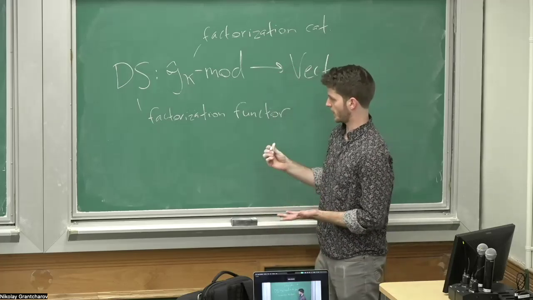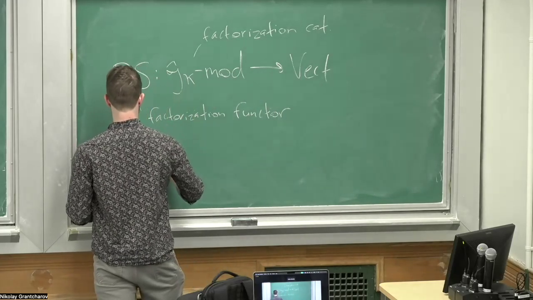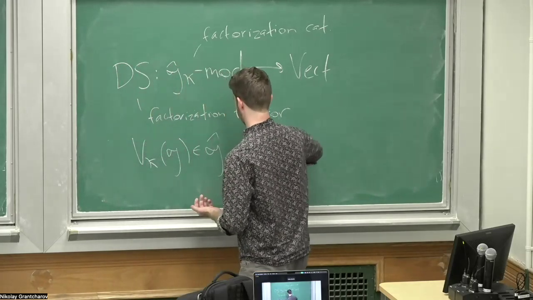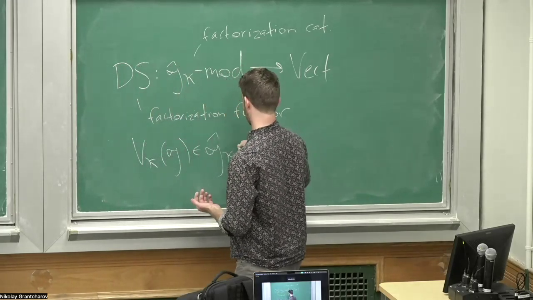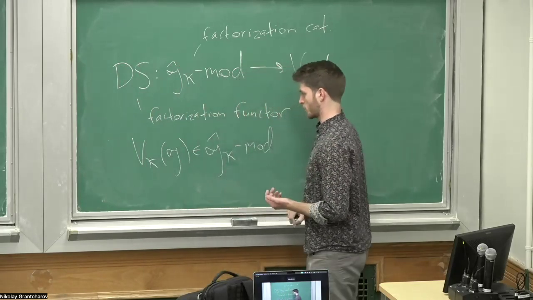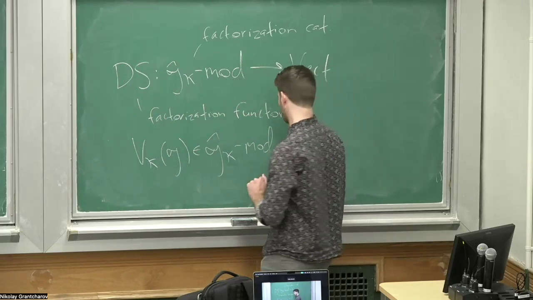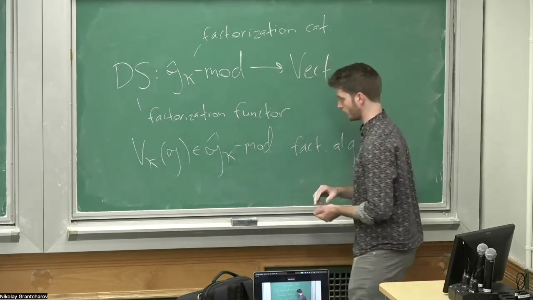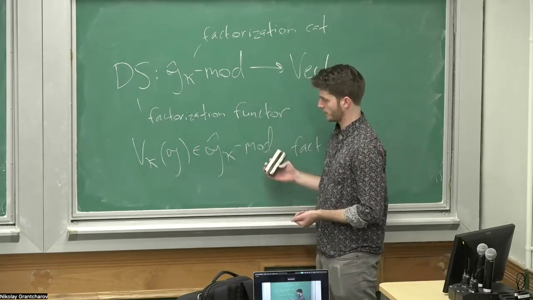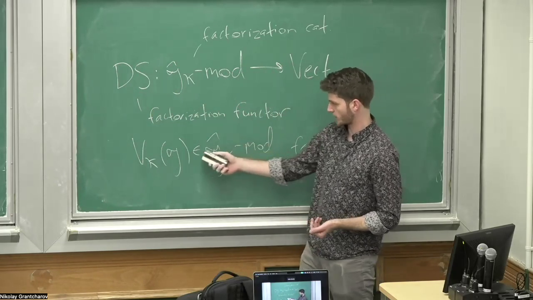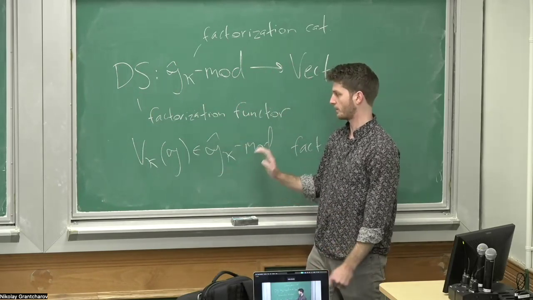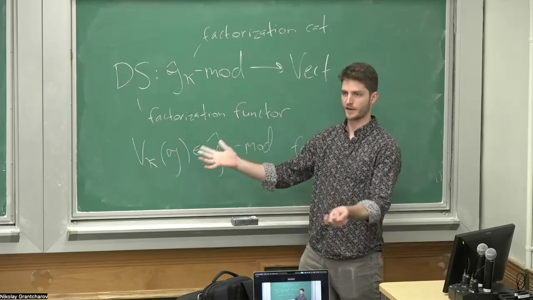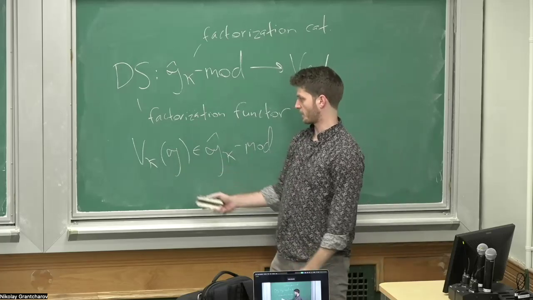So if I take this vacuum representation, because it was attached to the disk and the formal disk by this induction procedure, this also naturally factorizes. I could also forget that it was an object of this category and just view it as a plain factorization algebra. That structure exactly corresponds to the vertex algebra structure on this thing that we've been considering under this dictionary. But here it's coming from geometry.